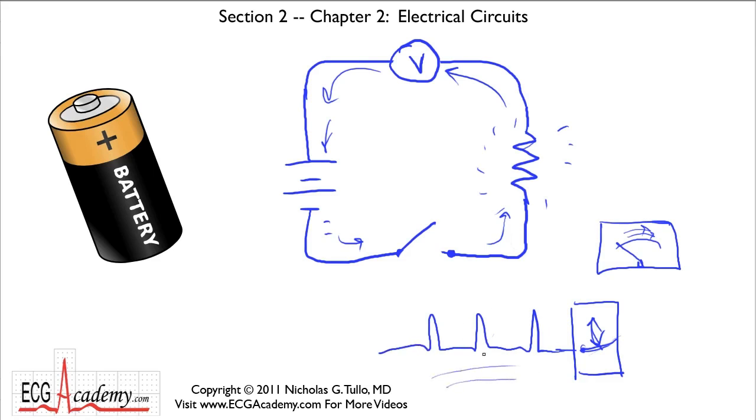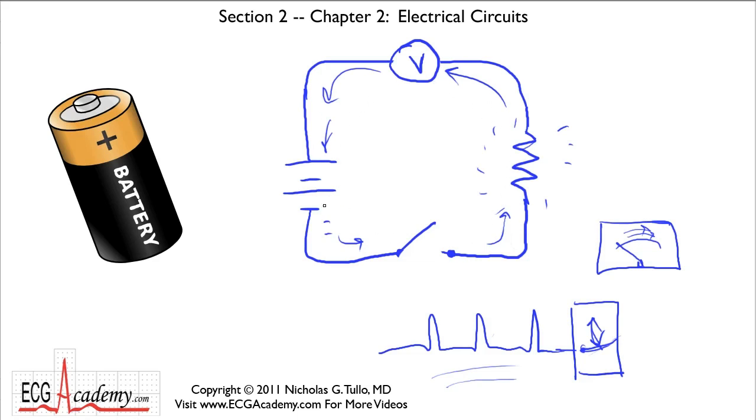So imagine an ECG machine is kind of like a voltmeter, a means of displaying on paper, or of course on a screen if you're looking at a cardiac monitor, the variation in the voltage that's flowing around the circuit, being, of course, the human body somehow.